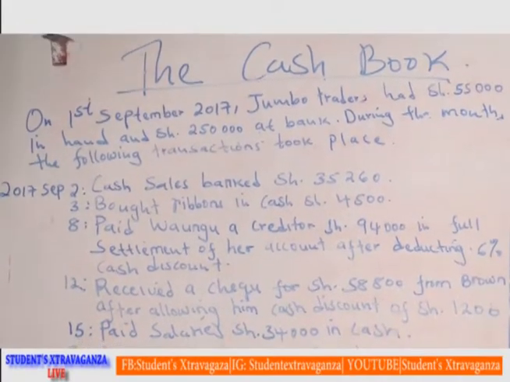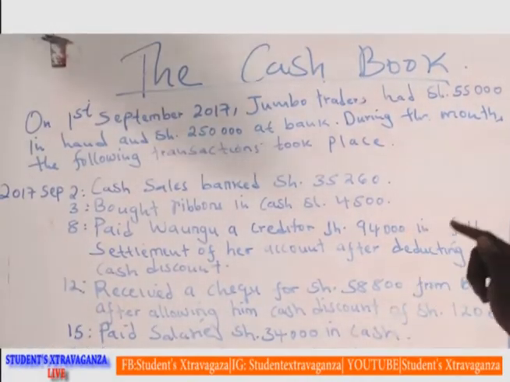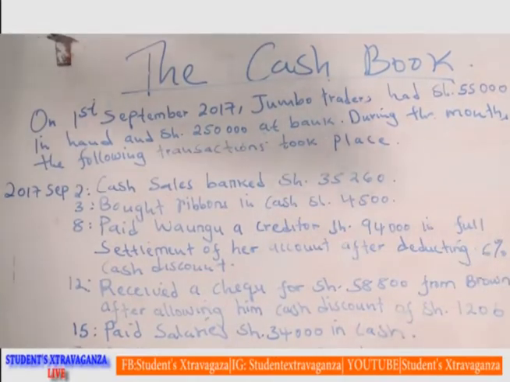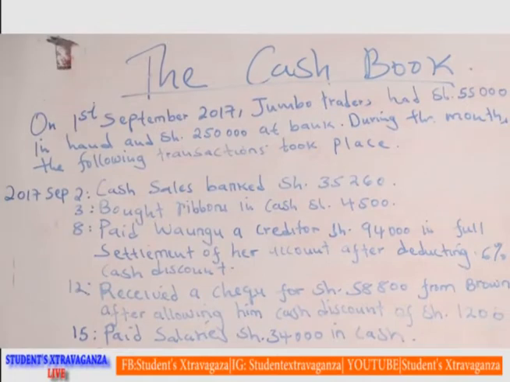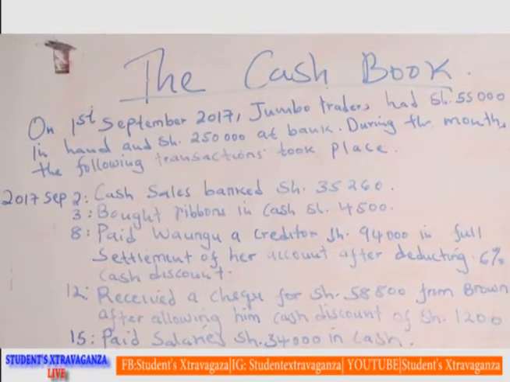2017 September. On 2nd, we have cash sales banked 35,260 Kenyan shillings. On 3rd, bought ribbons in cash 4,500 Kenyan shillings.